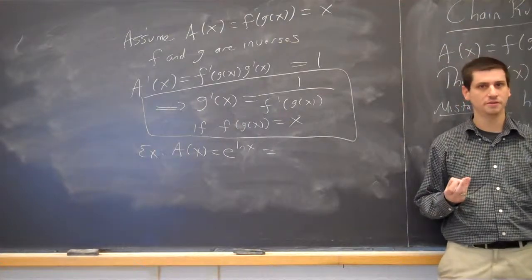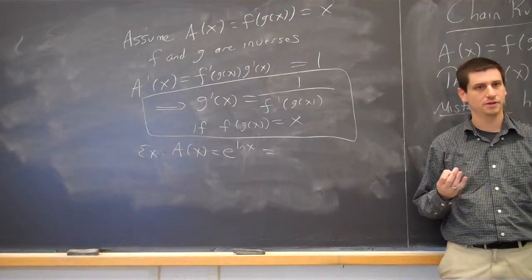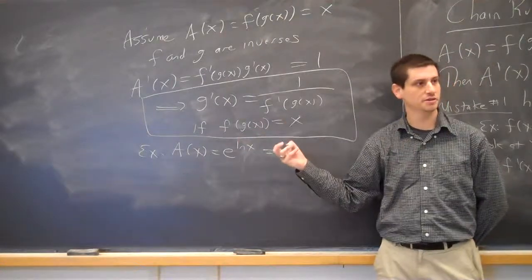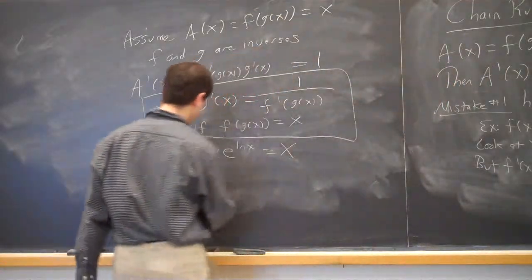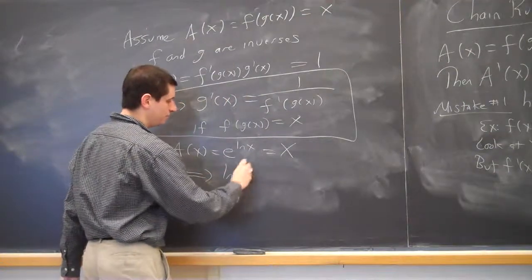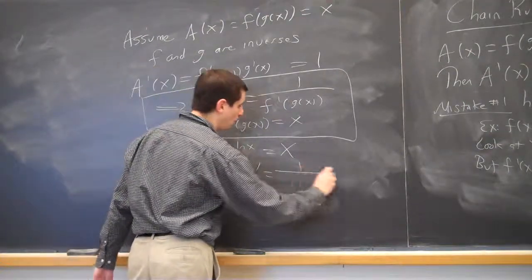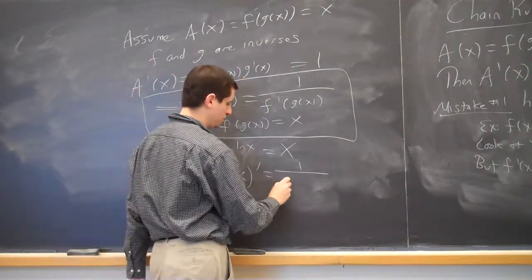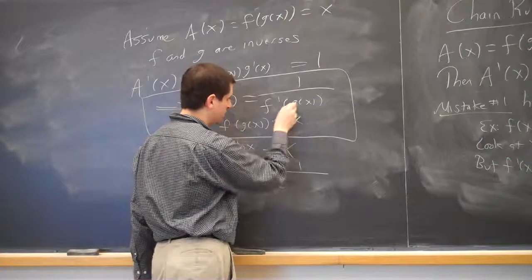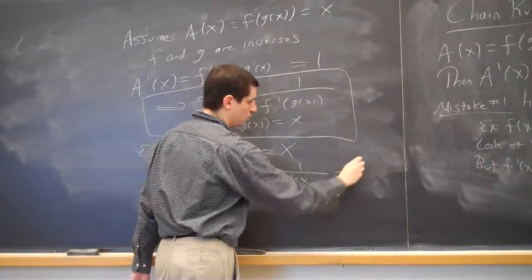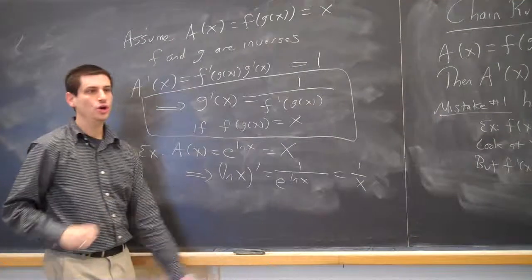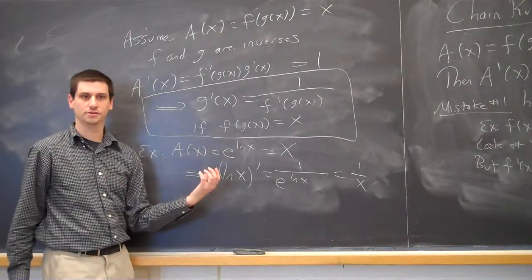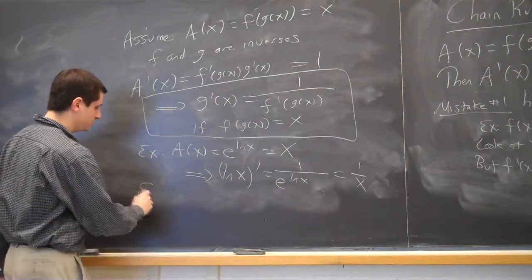Not 1. It's just x. So what this tells us is, therefore, the derivative of the natural log of x is 1 over f prime, which is going to be the exponential function again, evaluated at g of x, which is 1 over x. So if you know the derivative of e to the x, you now know the derivative of natural log. I'm not going to go through the details, I'll leave this to you.